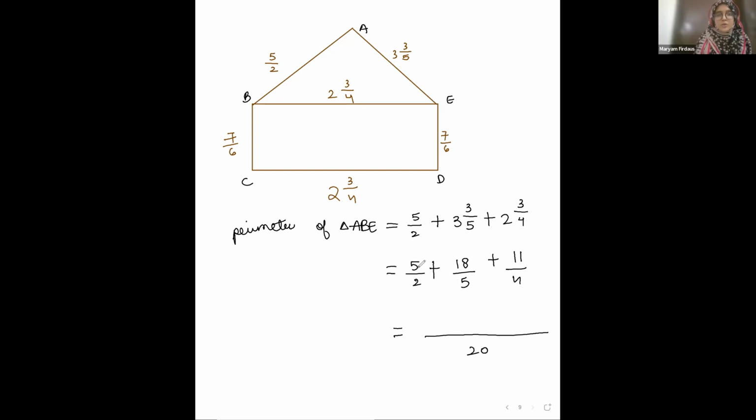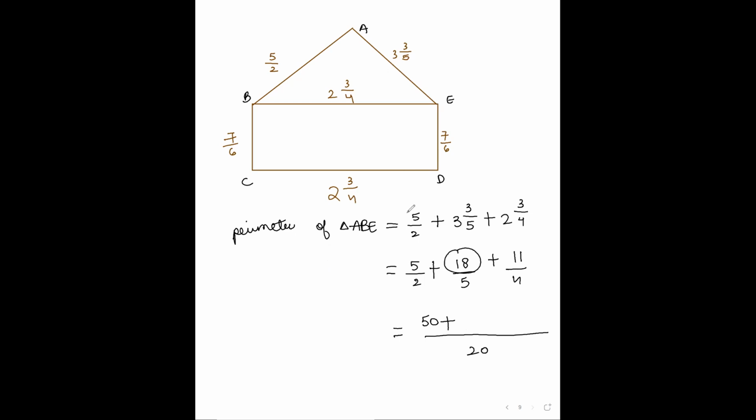Fine. So 2 multiplied by what will give you 20? 10. So it will be 10. 50. Very good. 50 plus 5 multiplied by what will give you 20? 4.